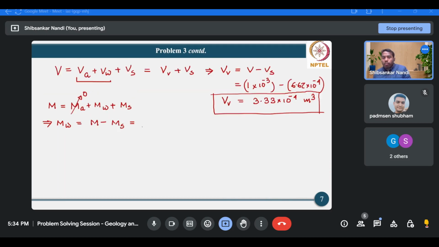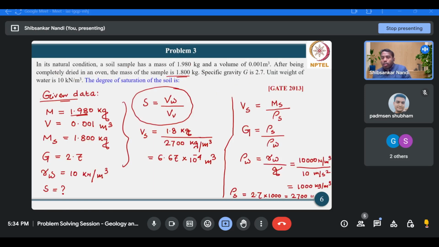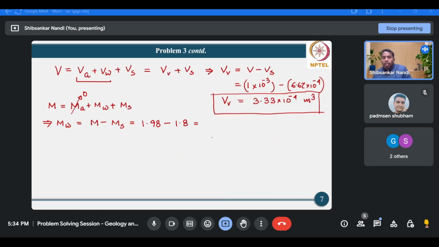So what is the mass in its natural condition? 1.98. So 1.98 minus 1.8, which is the mass of soil solids. So that means 0.18 kg. Therefore it becomes very easy to calculate the volume of water.